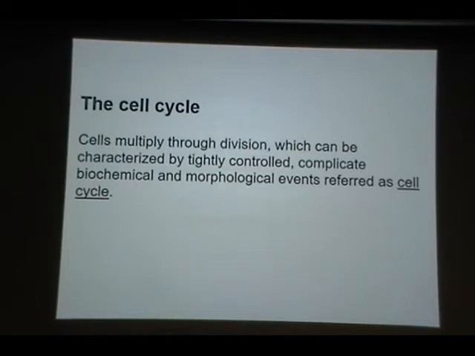If it's out of control, it can be detrimental. Cell division involves really complicated biochemical and morphological events. All the events from one single cell becoming two daughter cells are referred to as the cell cycle.